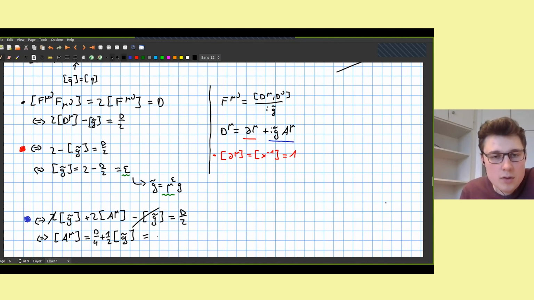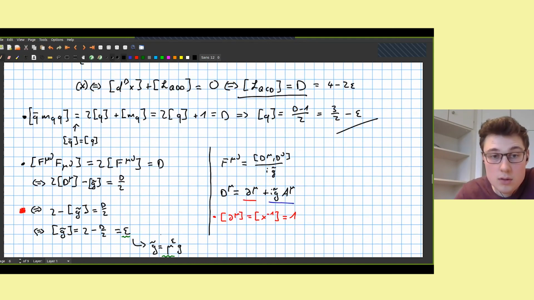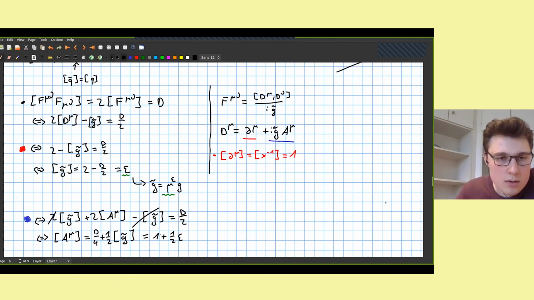So maybe one step so that you can all follow me. 1 plus 1/2 epsilon, that's 4 plus 2 epsilon. Okay, of course, it's a minus sign here and also a minus sign here. Okay, so now I'm correct, right?